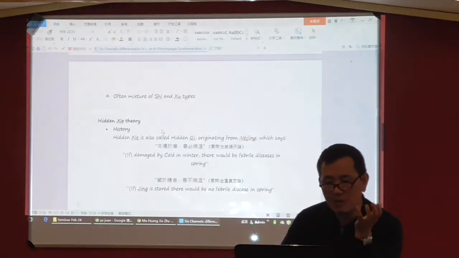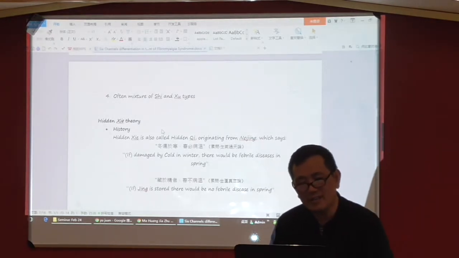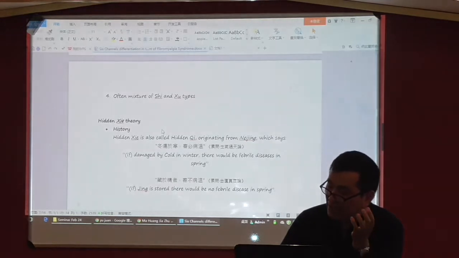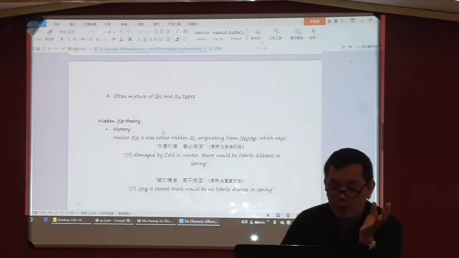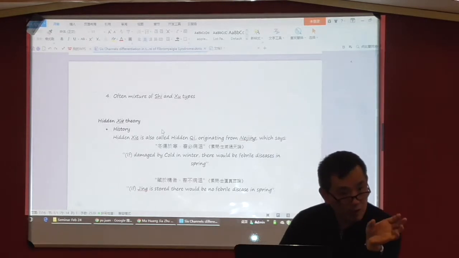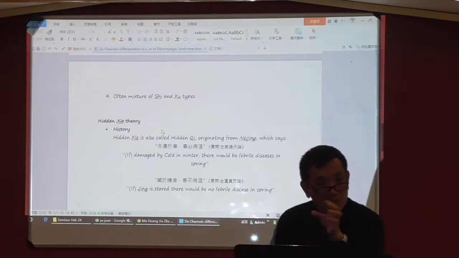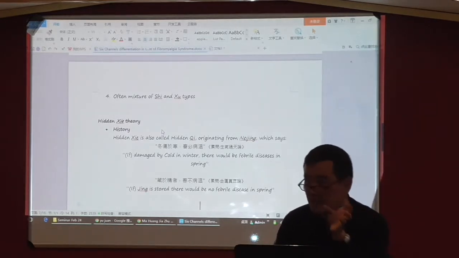This is a history about how hidden theory started. It means that the pathogenic factor can stay in the body for a long time. For example, suffering from cold in winter can make disease in spring, and suffering disease in spring can make disease in summer.